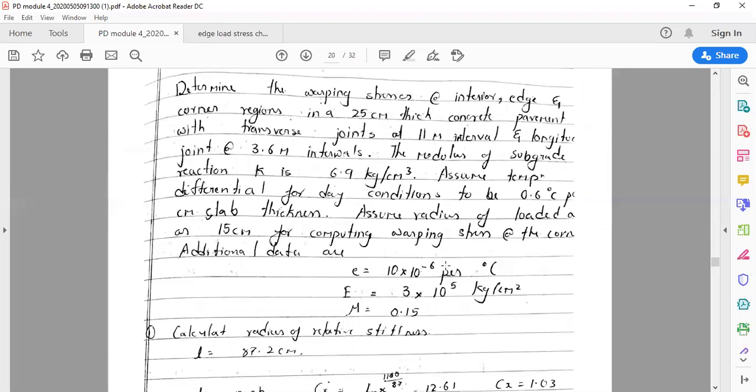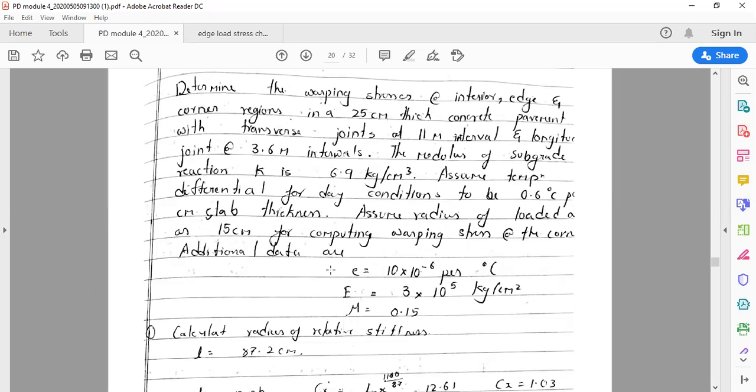The modulus of subgrade reaction K is 6.9 kg per centimeter cube, and assume the temperature difference for day conditions to be 0.6 degree centigrade per centimeter slab thickness. Assume the radius of loaded area, a, is 15 centimeter, for computing warping stresses at the critical load positions.